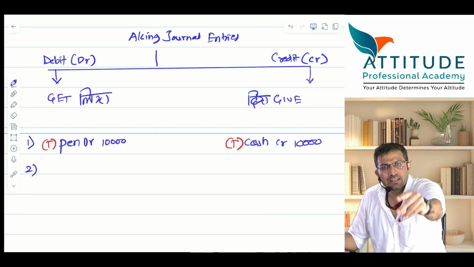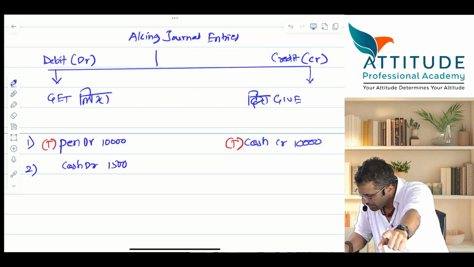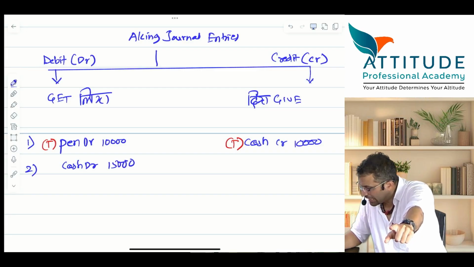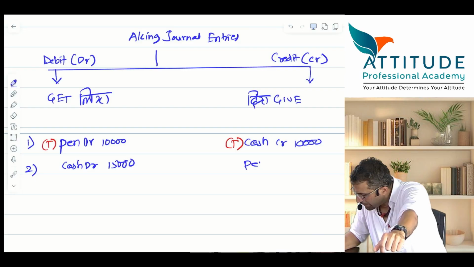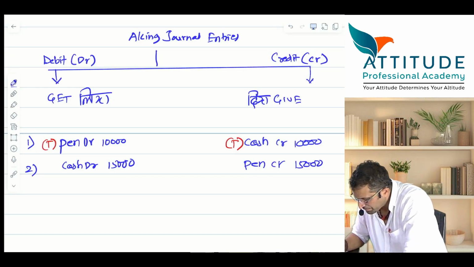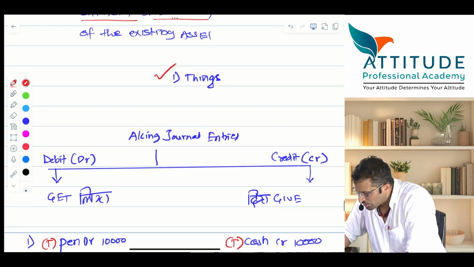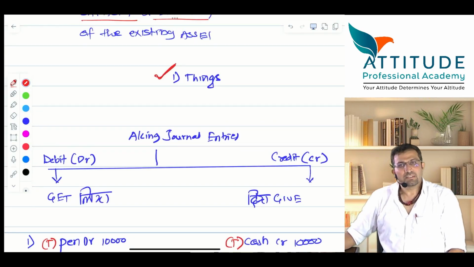Transaction हो गया. Tell me, what did you get? Cash account debit 15,000. क्या लिया, क्या दिया. Pen account. How much? 15,000. Now tell me, cash is a thing, pen is a thing. So this also is an example of things.